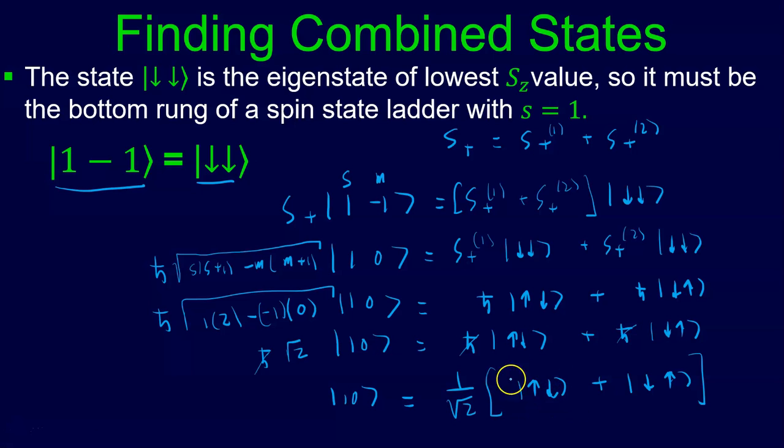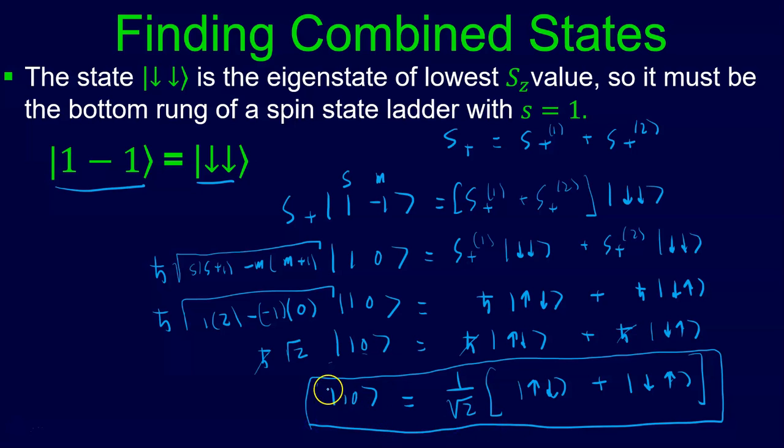Now if you recall, we knew that these states here have m of 0, but we were trying to find the one that's got s equal to 1. And the way we did that is by stepping up, using our raising operator to find that state explicitly. Now I will say that this is the kind of thing we're going to do a couple times, hopefully to help with our understanding, and we'll see that there are faster ways to do this. But hopefully you can see how this is pretty powerful. So now we've found one of the other combined states that we wanted.